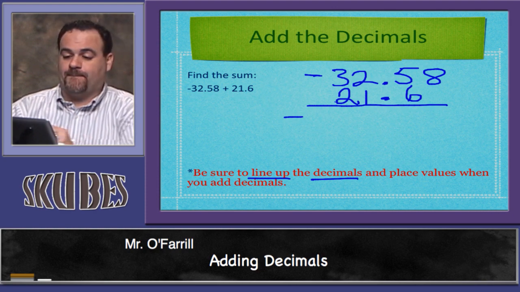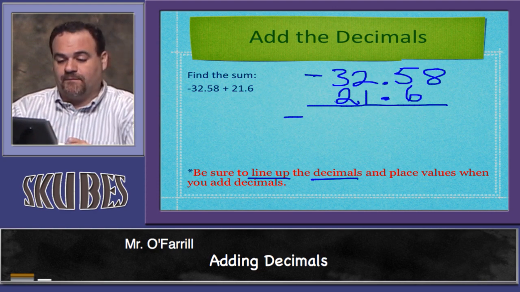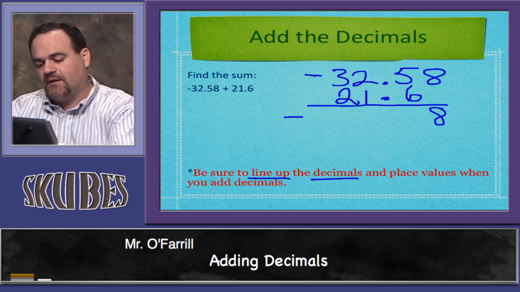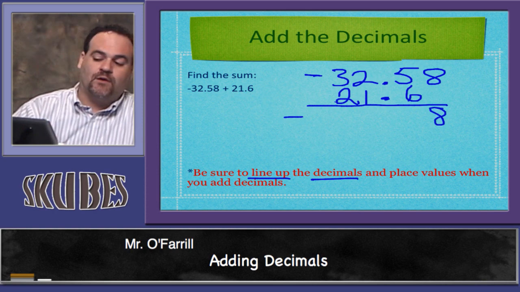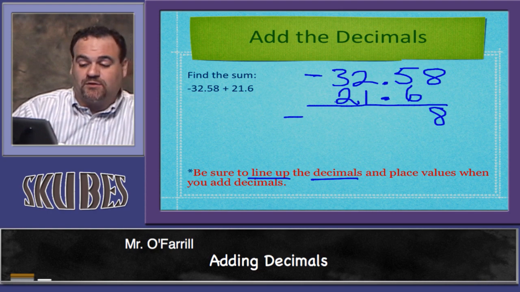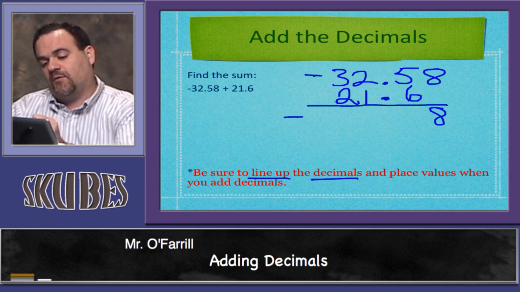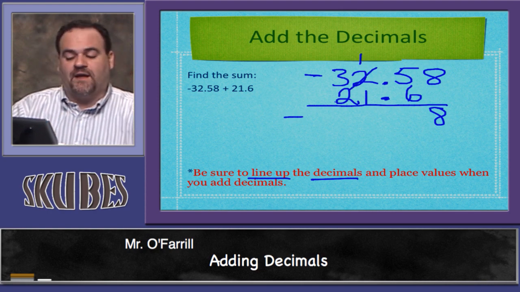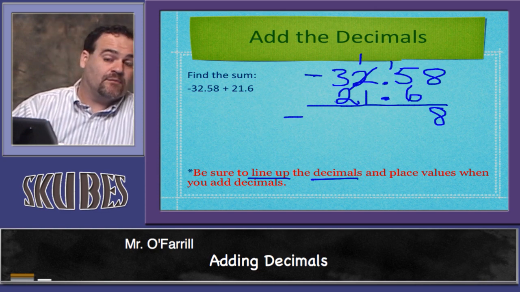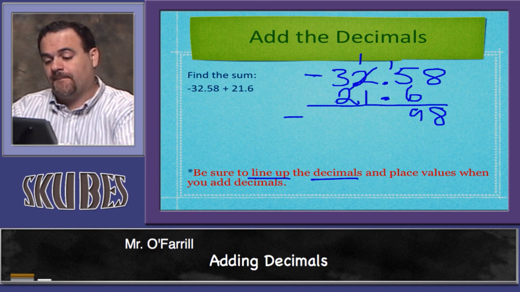So let's begin. We have 8 minus nothing beneath it, so it's just going to be an 8. We have 5 minus 6. And if you remember borrowing when we're doing simple subtraction, we're going to take 1 away from that 2 to make this a 15. 15 minus 6 is 9.